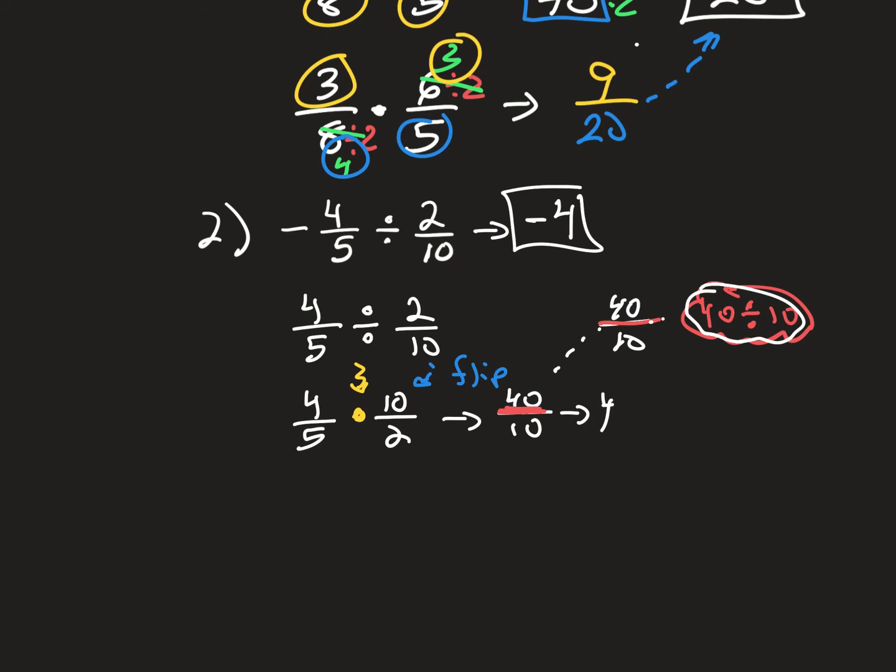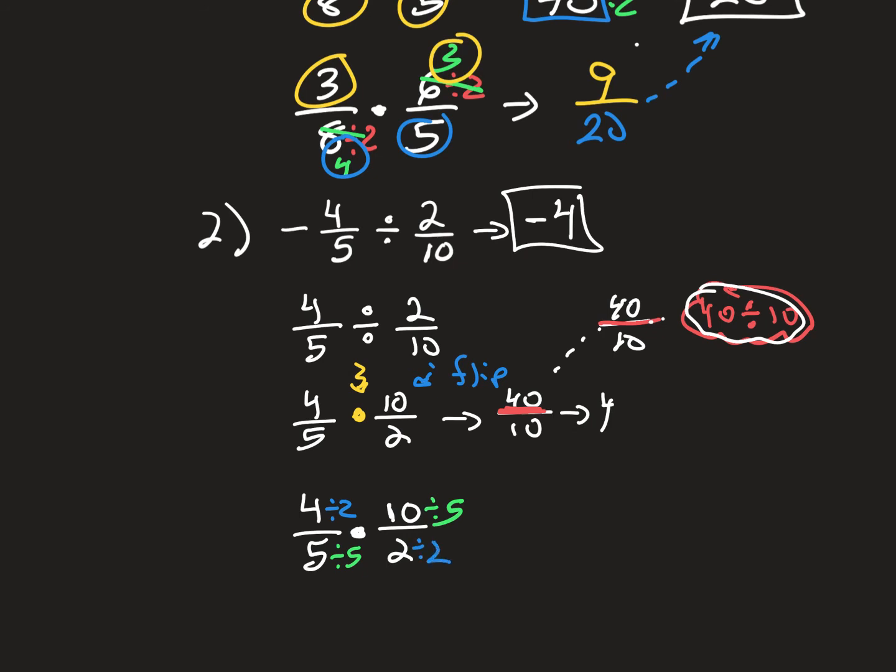Again, you could have cross-canceled, so let's look at what would have happened if you cross-canceled. So here's the original problem again. After we changed division to multiplication and reciprocated, you could have noticed that, hey, these can be reduced by 5, and these two can be reduced by 2.